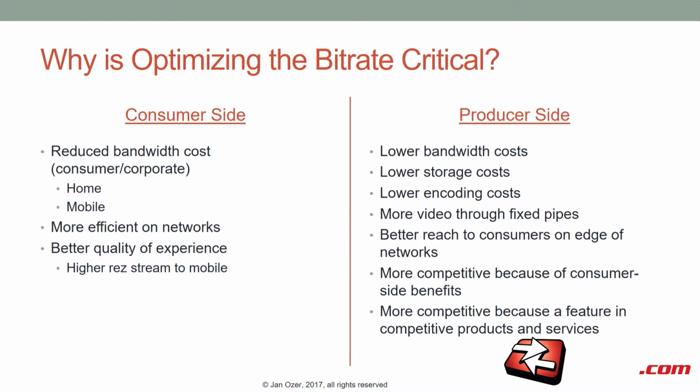On the producer side, you get lower bandwidth costs, lower storage costs, lower encoding costs, because you may be able to cut out some encodes using these technologies. You get better reach to consumers on the edge of networks, higher quality video to people watching on cellular connections. You're going to be more competitive because of consumer side benefits. Consumers will like your technology better if they can use it and save disk space for downloads or bandwidth for streaming.